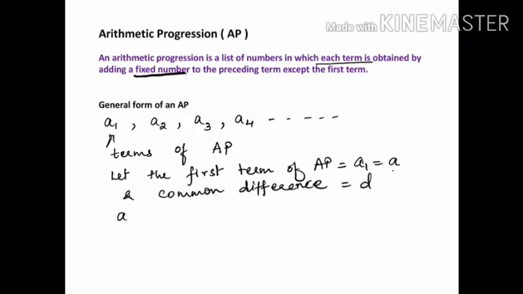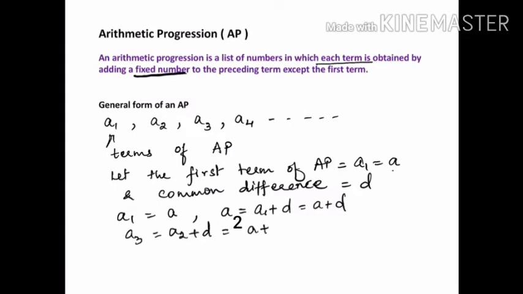So now the first term is A. The second term will be A1 plus D, which is A plus D. The third term will be A2 plus D, which is A plus D plus D, which can be written as A plus 2D.